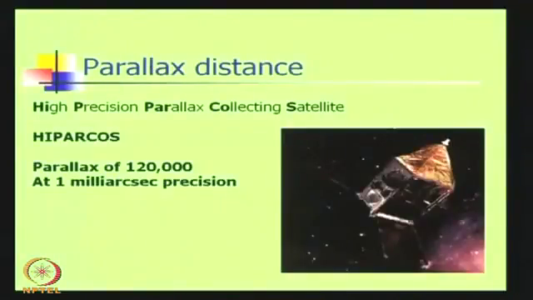Recently, not very recently, in the early 90s, there was a satellite called Hipparcos. The entire thing is given over here, high precision parallax collecting satellite. This satellite was launched with the aim of determining the parallax to 1 milliarc second precision.